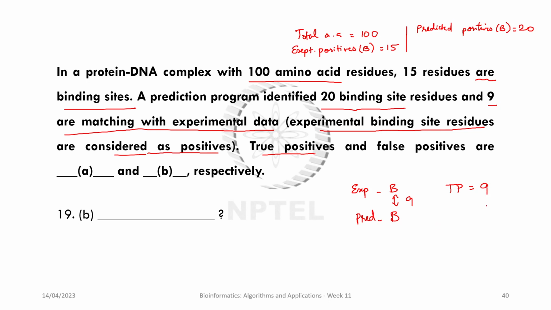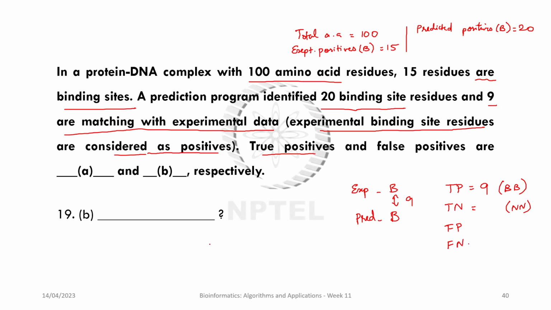Until here, are we clear? True positives are where you have B and B in both. True negatives are cases where you have N and N in both. And then you have false positive and false negative.